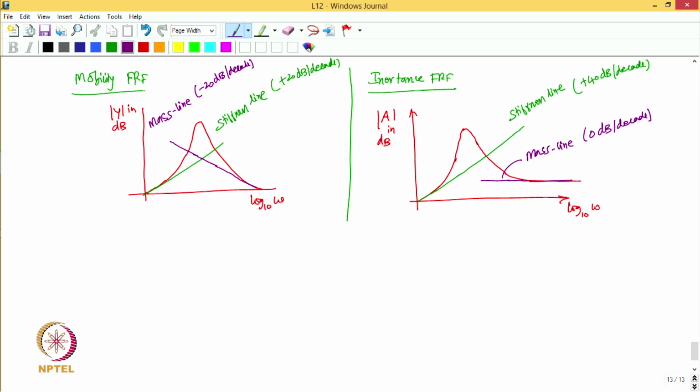So, therefore, we see that these concepts also can be defined for mobility and inertance FRF.